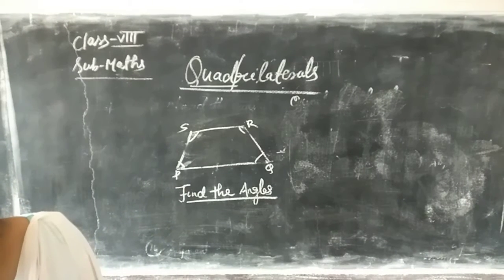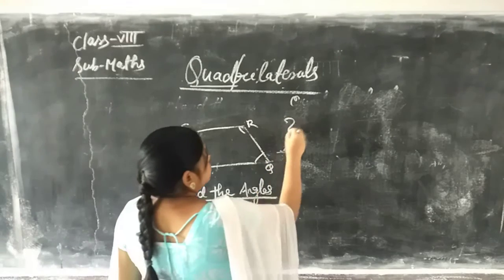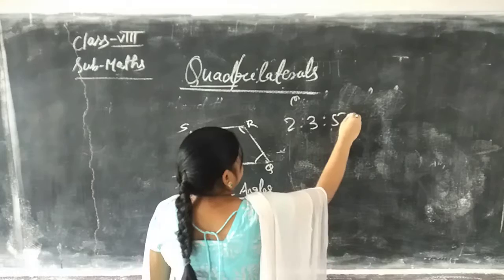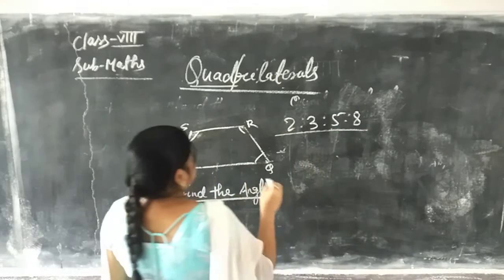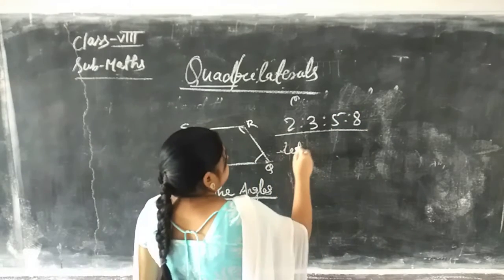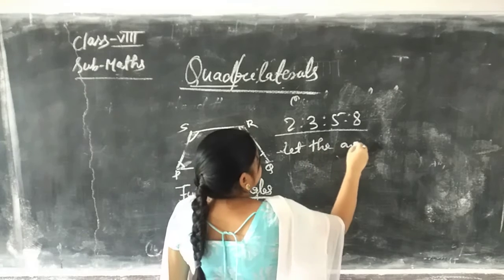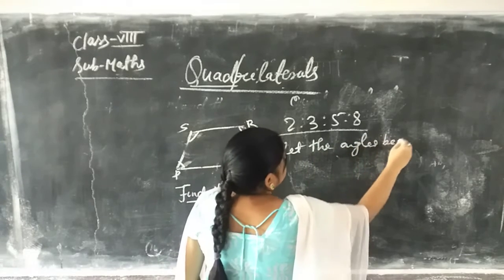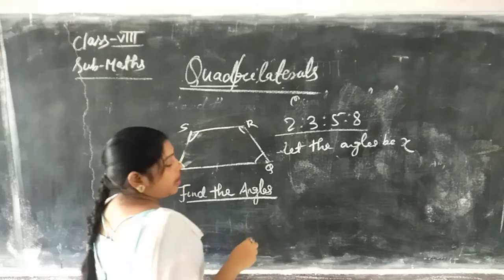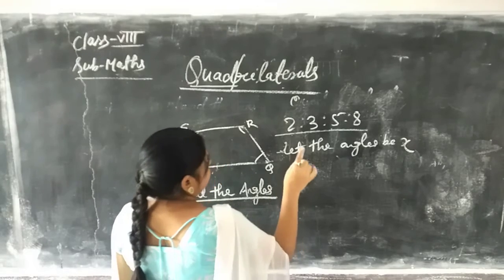In this question, the four angles of a quadrilateral are in the ratio 2:3:5:8. Let the angles be in the ratio 2, 3, 5, 8 with x.